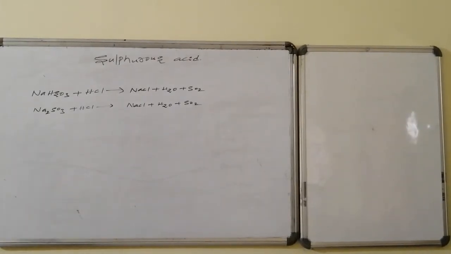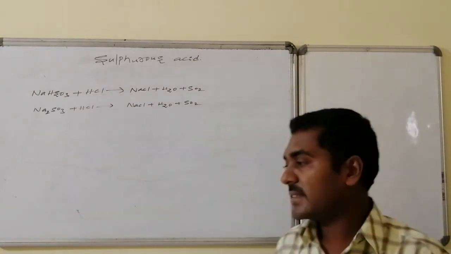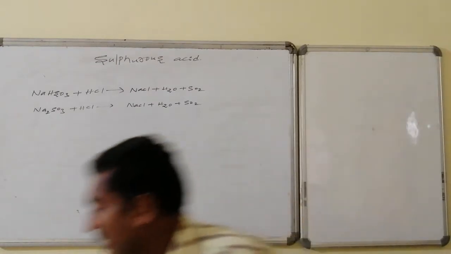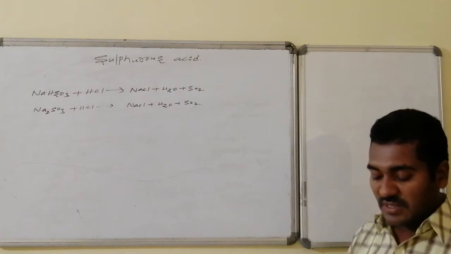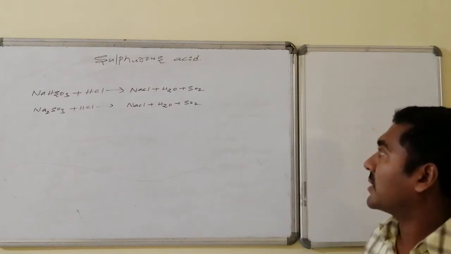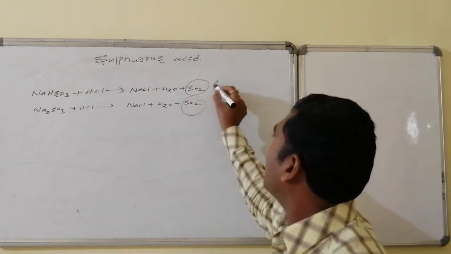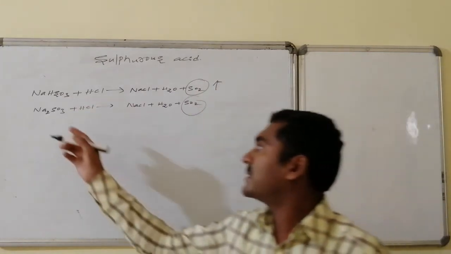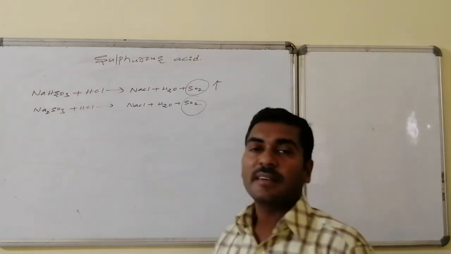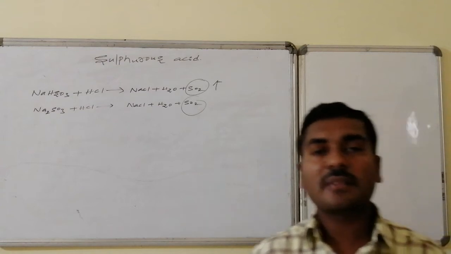Here, sodium bisulfite on reaction with HCl leads to the formation of sodium chloride followed by sulfur dioxide. Similarly, sodium sulfite on reaction with HCl leads to the formation of sodium chloride followed by water and sulfur dioxide. In both these reactions, sulfur dioxide gas is liberated. One reactant is solid and the other is liquid, and when they react with one another, a gaseous substance is liberated.